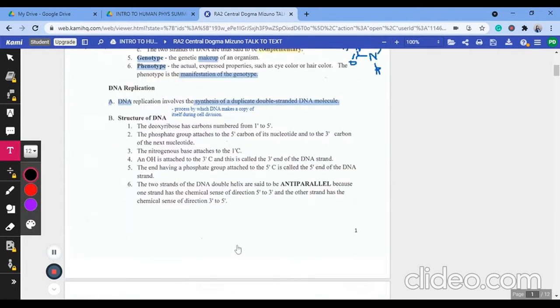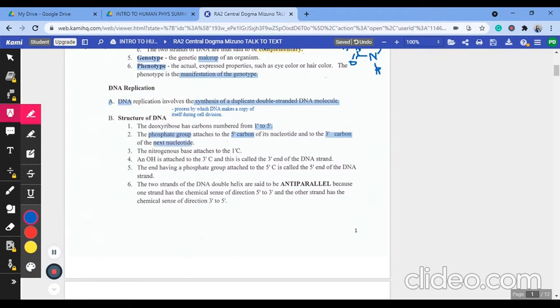Okay, so B, the structure of DNA. The deoxyribose has carbons numbered from 1 to 5. The phosphate group attaches to the 5 carbon of its nucleotide and to the 3 carbon of the next nucleotide.